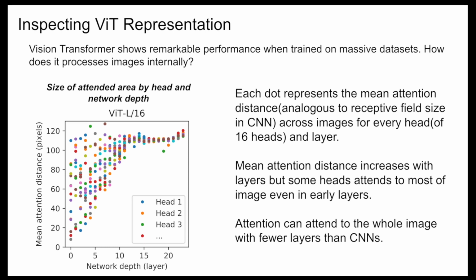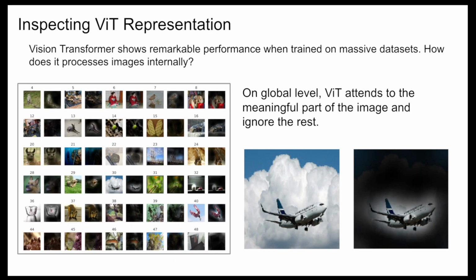The mean attention distance, as you can see, increases with layers, but some heads attend to most of the image in early layers. So attention can attend to the whole image with fewer layers than CNN, as the conclusion for this. But it's more clear when you look at the global level than the internal representation.